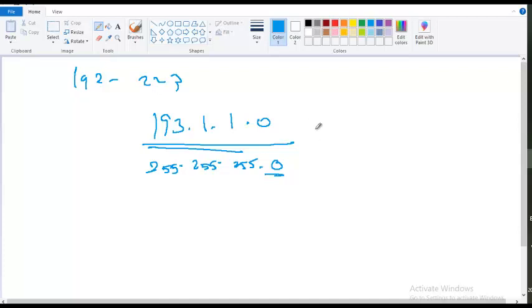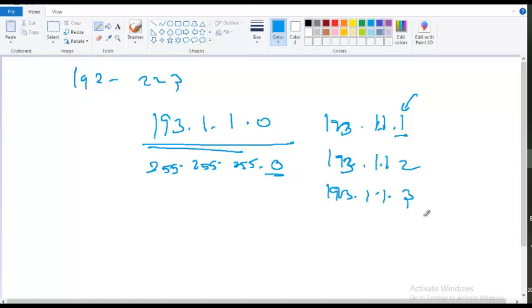For example, the first computer will have 193.1.1.1. So this one indicates the first computer, and the second computer will be 193.1.1.2, 193.1.1.3, goes like that.